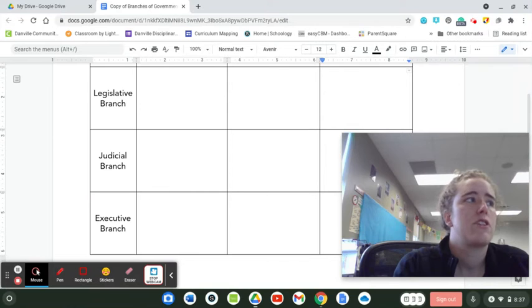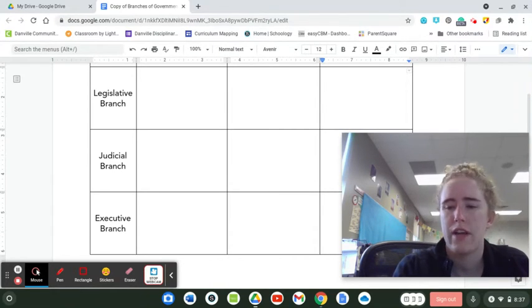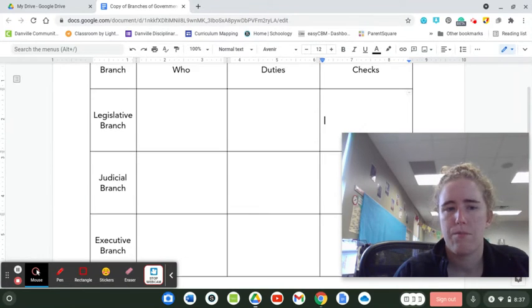All of these branches are equally important, and they are all equally able to hold each other accountable. They all also have different jobs, and I'll walk through what each of those are.